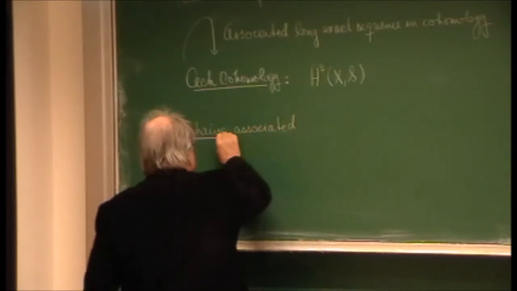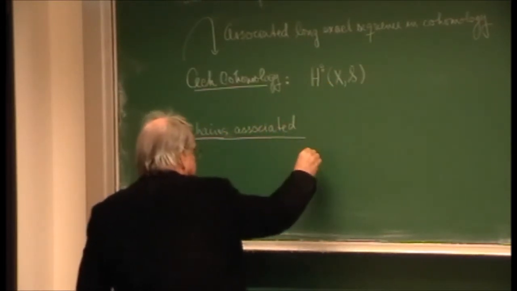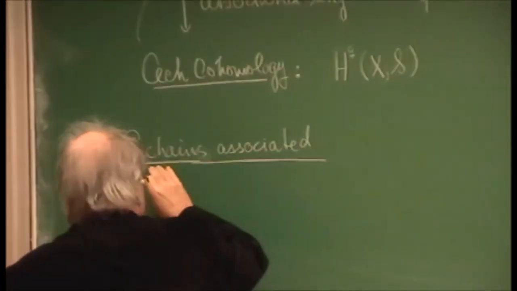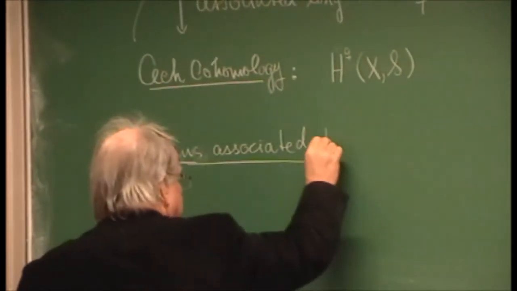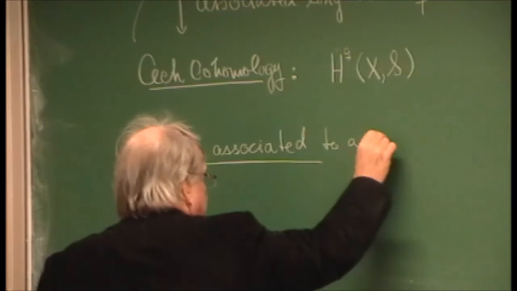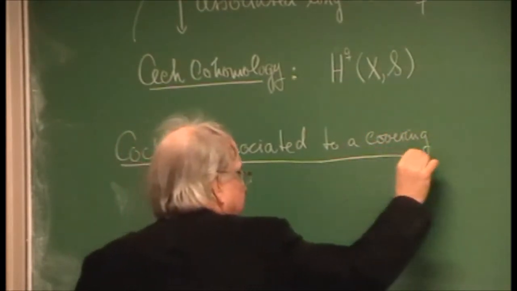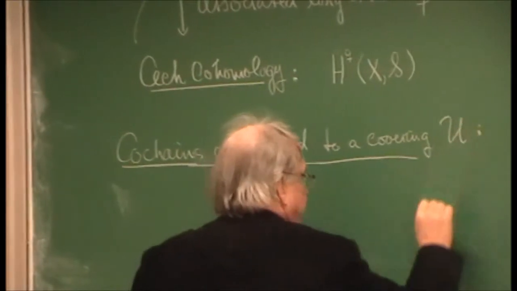I showed you yesterday how these things really arise in applications, and they arise in applications on a covering. So a cochain associated to a covering, let's say U, of our space X.